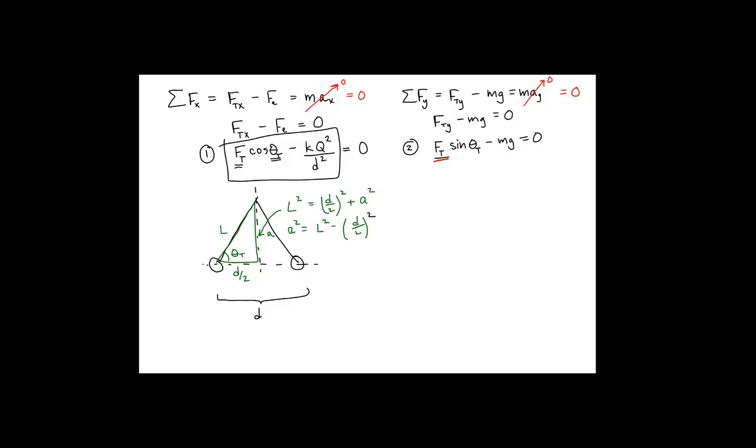So what I'm going to do is I'm going to take equation 2. I am going to isolate the term with tension in it on the left side of the equation. I'm going to take equation 1 and do the same thing.